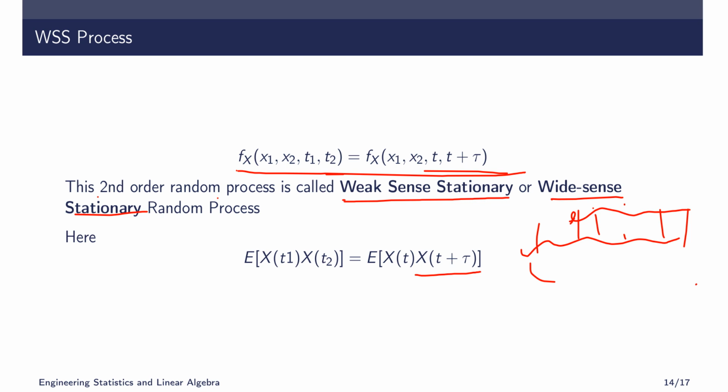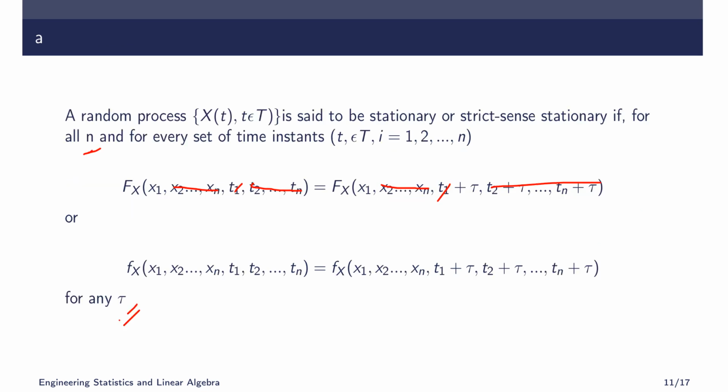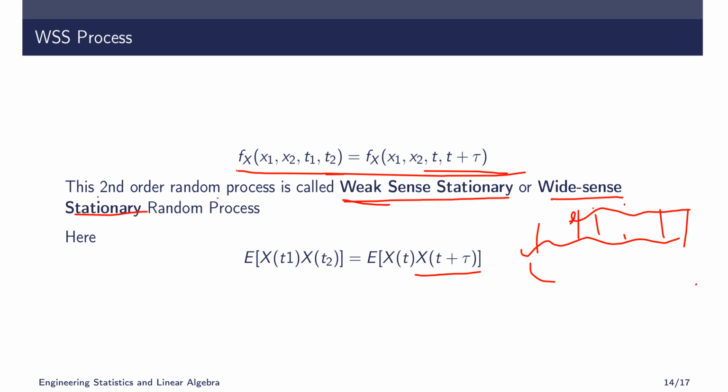Now a strict sense stationary process is also weak sense stationary, but we cannot say every weak sense stationary process is strict sense stationary, because the definition of strict sense stationary is that it should hold for all values of n, for any value of tau also. Wide sense stationary is only required for n equal to 2. So this is about the basic concepts of our topic.